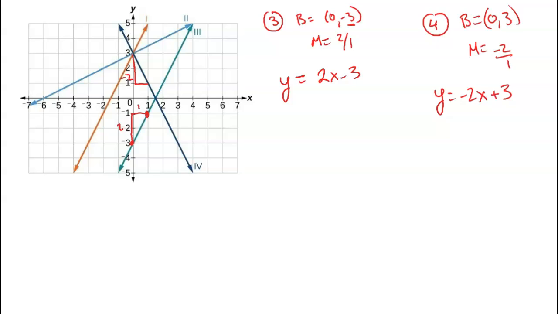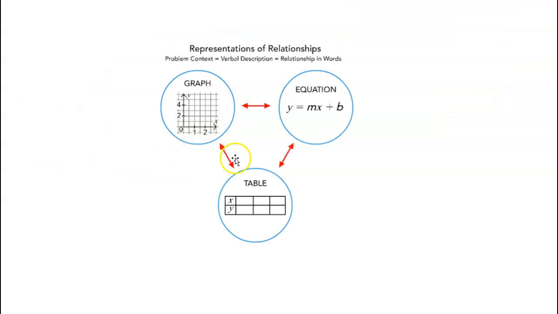Okay. Anytime we are looking at our graphs and we don't know what we're doing, I want you to realize that there is a relationship between everything. There's a relationship between your graph, your equation, and your table, right? We've been focusing on going back and forth between a graph and an equation, or an equation to a graph.